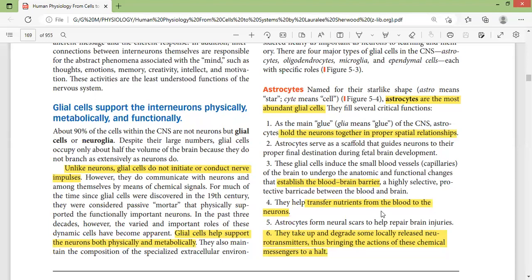They also hold the neurons together in the proper spatial arrangement. They also serve as a scaffold to guide neurons to their proper final destination during fetal brain development. Also, they are involved in the production of some neurotransmitters, especially glutamate. Again, go and revise the biochemistry of the brain.